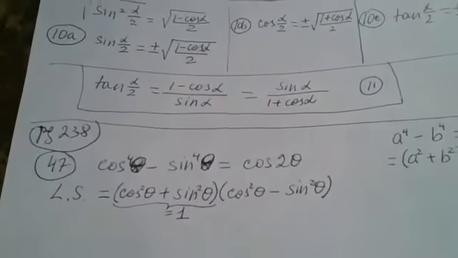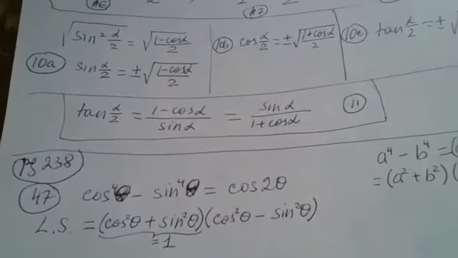And look what I did. I wrote on the bottom that this is equal to 1. This way, I can replace that first parenthesis by 1 because it is equal to 1. And this is what we have: 1 times cosine squared theta minus sine squared theta.